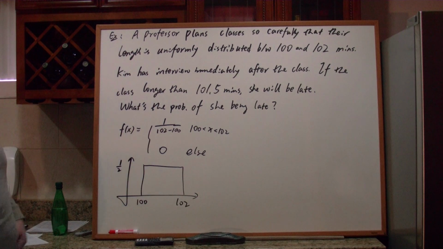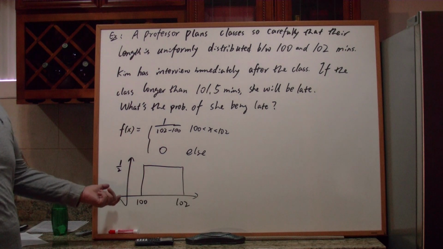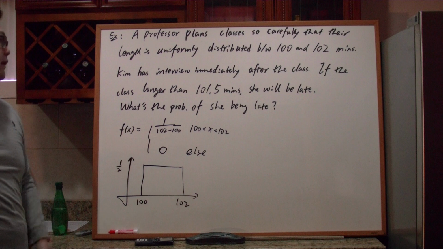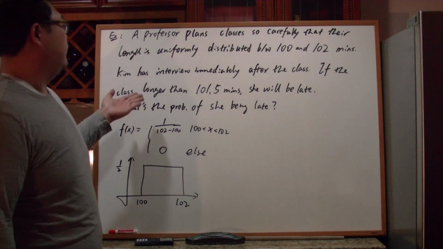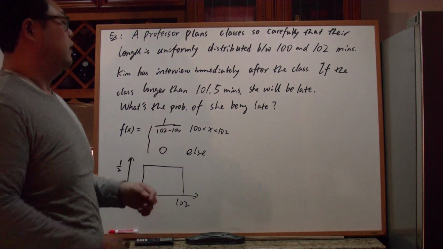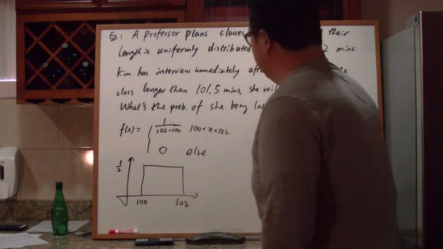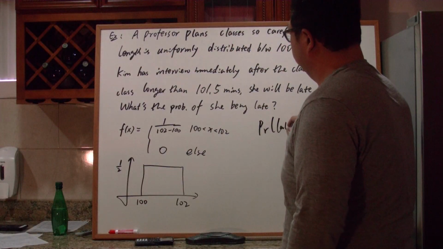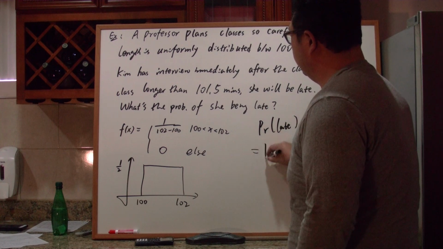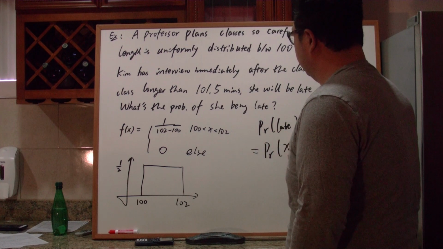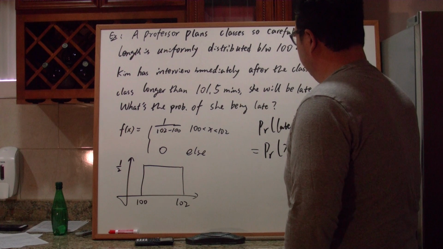That's the density function. And it asks, if the class is longer than 101.5 minutes, you will be late. What is the probability of being late? It will be the probability that x is bigger than 101.5 minutes.